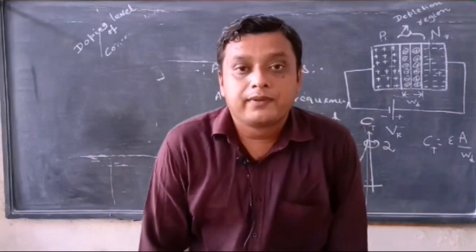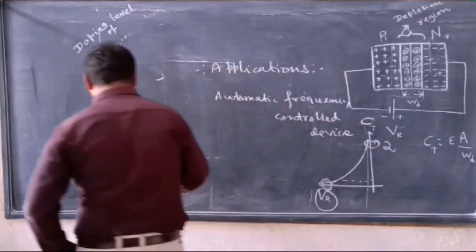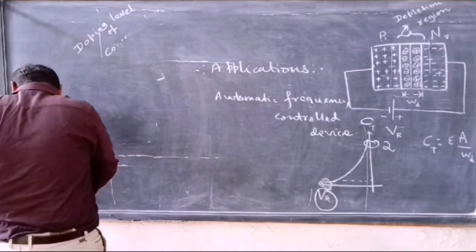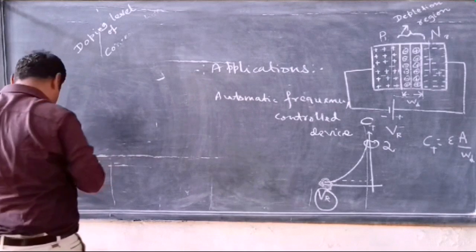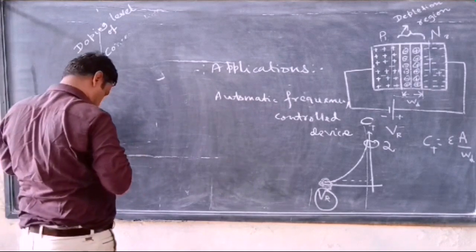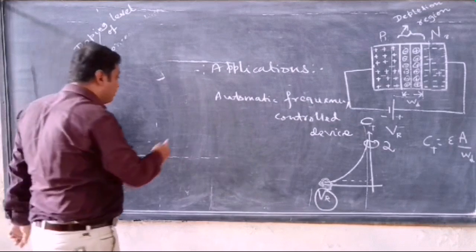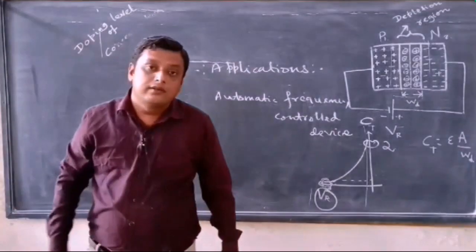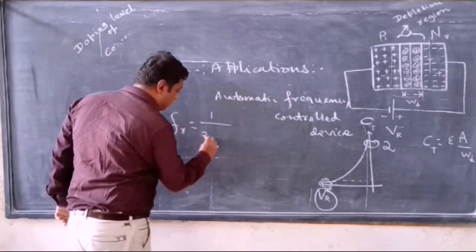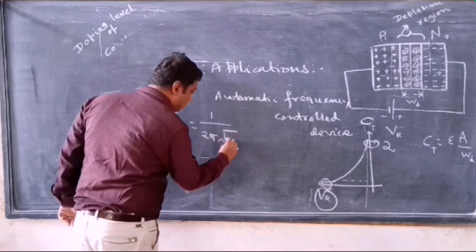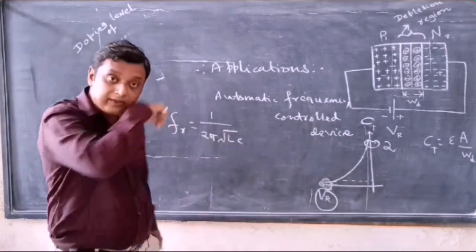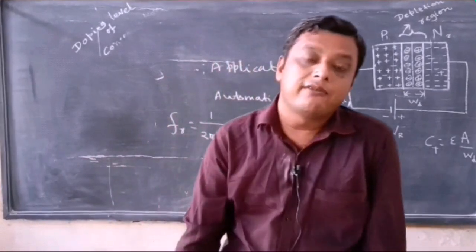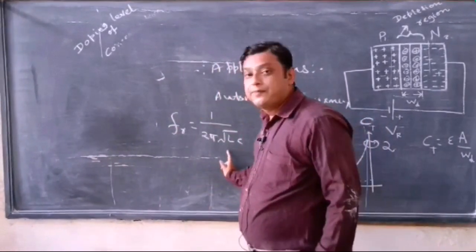The main reason is, as we know, resonance frequency Fr is equal to 1 by 2 pi root LC. If I have an LC network, it will give 1 by 2 pi root LC. If I have an RC network, 1 by 2 pi root RC.